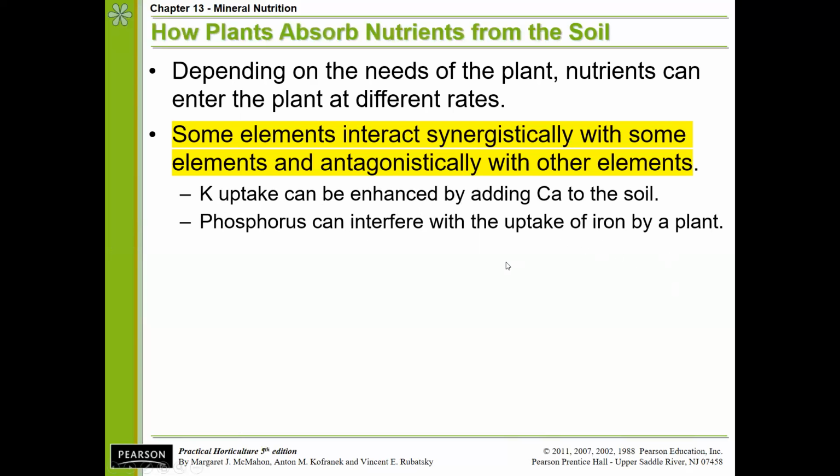So we can have both deficiencies and imbalances of nutrients in a soil solution, and thus also in a plant, which will often look like nutrient deficiencies, but it's not necessarily just a deficiency, it can be just an imbalance. So we can have an overabundance of particular nutrients as well.